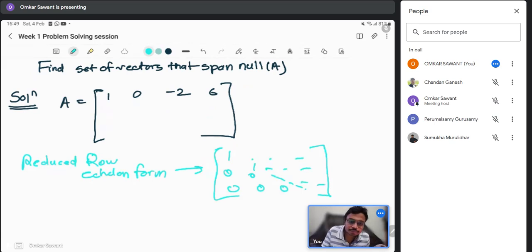Yes, sir. And this diagonal element will be the pivot. Correct.